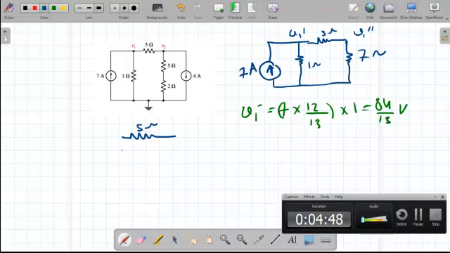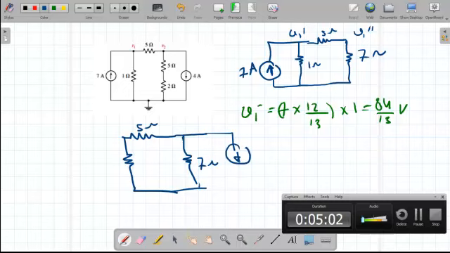In the second case, we switch this off and we keep the 4 amp source on. So this is 5 ohm, this is the 1 ohm, and here this becomes the 7 ohm. Note that the 5 and 1 now become in series because this source does not exist. For now we also need to find V1''.